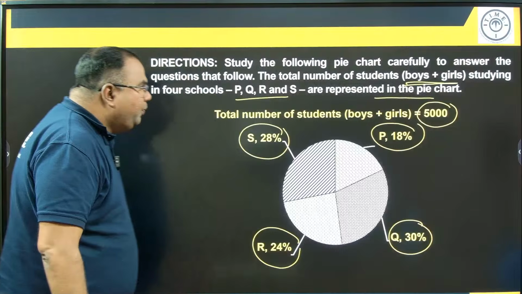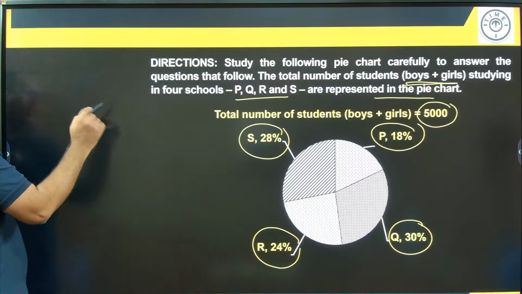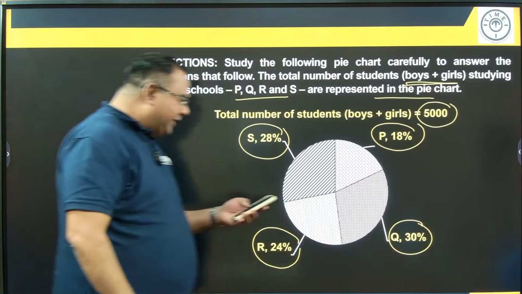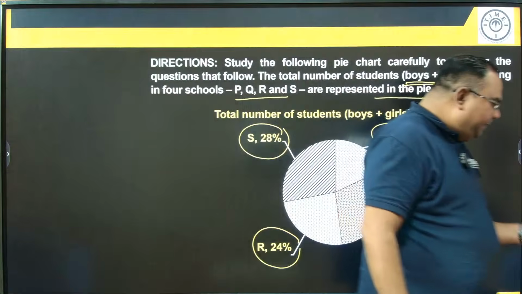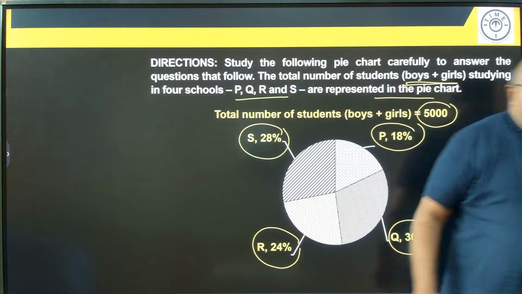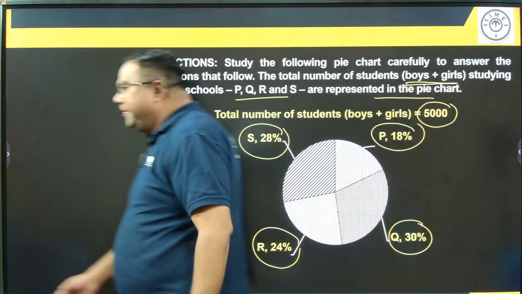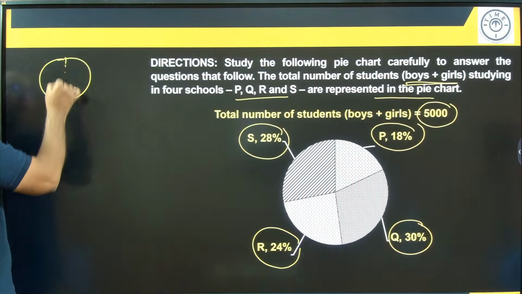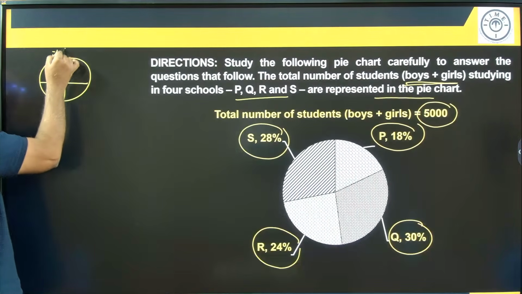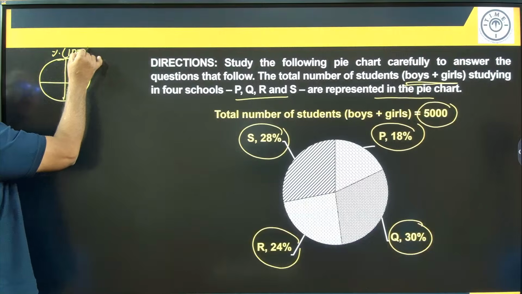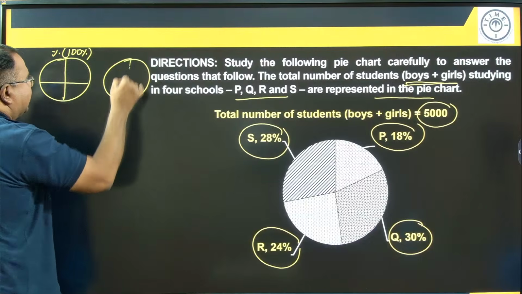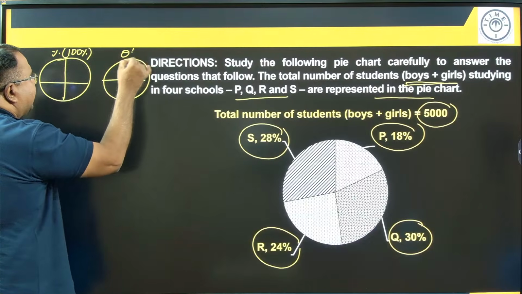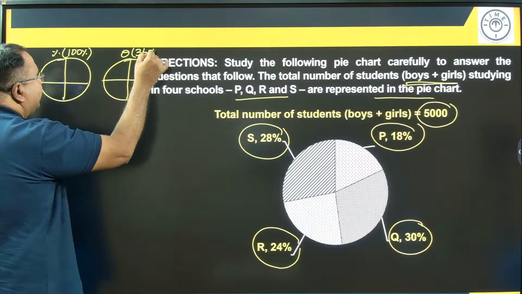Now, those who are not aware of the pie chart basics, I'll give you a quick pie chart basics. You keep answering, and we'll try the question a little later. In percentage, if you add all the breakups, it must equal 100%. If the pie chart is given in degrees, you add all the degrees, and it must be 360 degrees.